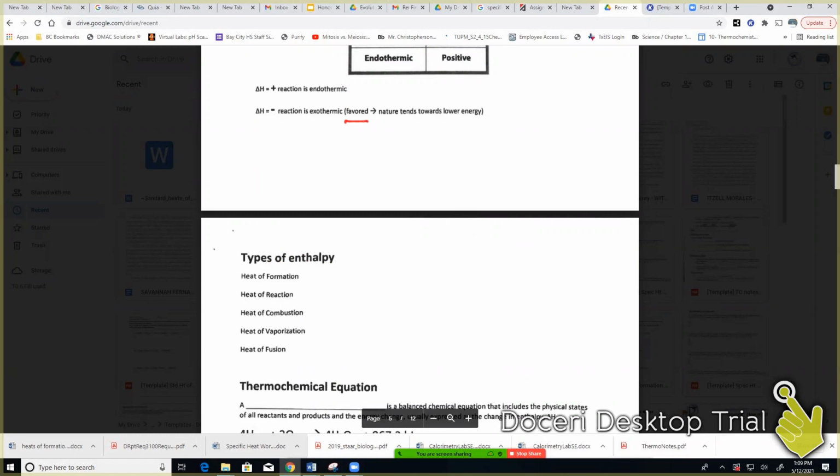So if it's giving off energy, that's the favored one, so it's more likely to be spontaneous. Enthalpy is not the only thing that controls the spontaneity of a chemical reaction, but it's one of the things. We're not going to really go into the other things. We do that in AP Chemistry, and if you take college chemistry, you'll go into some other ones.